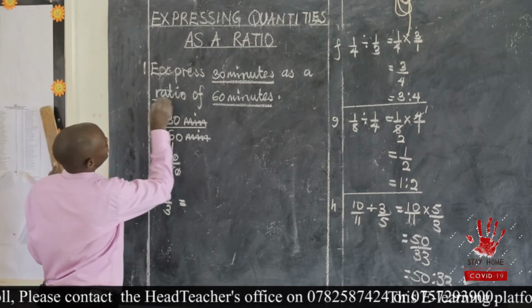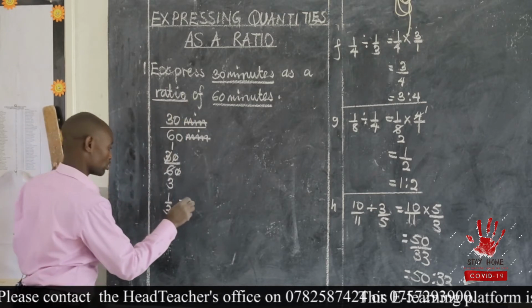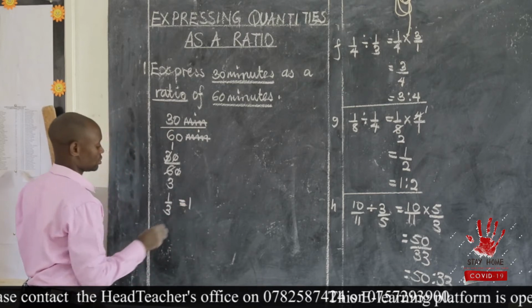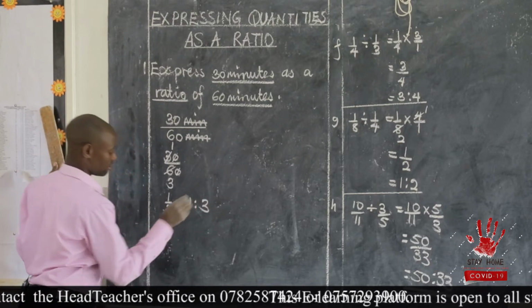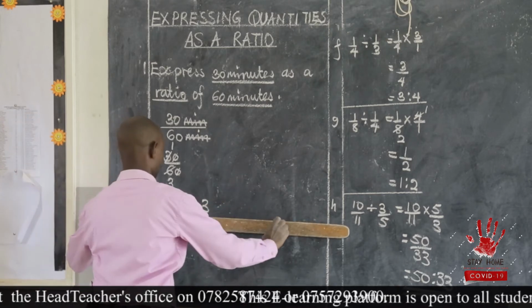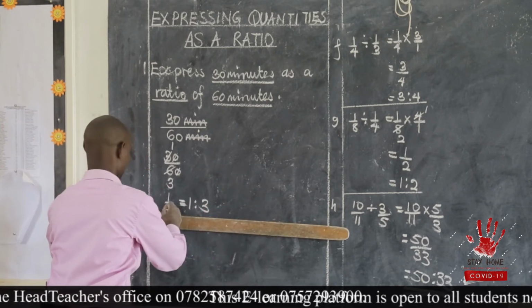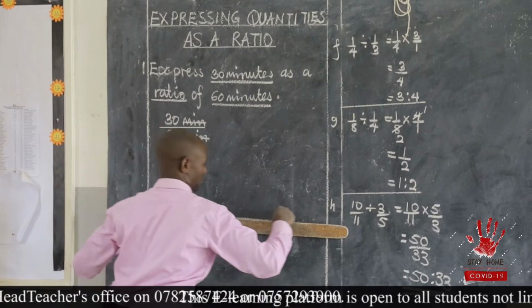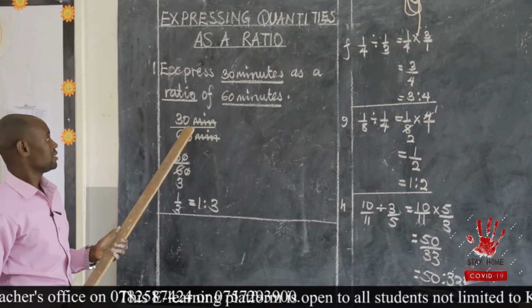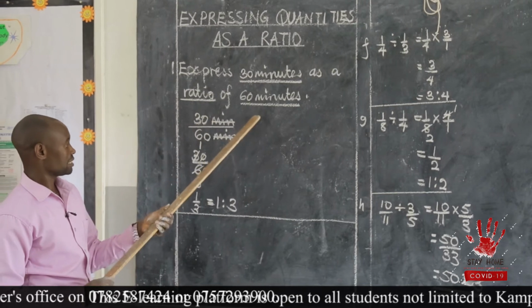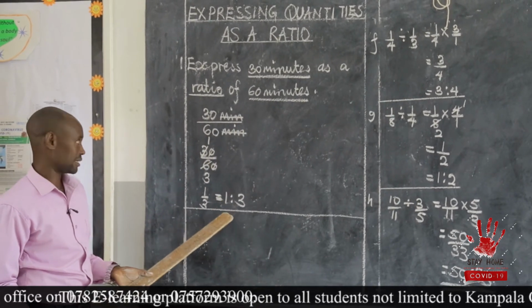Because we are expressing it as a ratio, it is going to be numerator first, that is 1, to the denominator, which is 3. You can see how simple it is. So it means 30 minutes as a ratio of 60 minutes gives us a third.